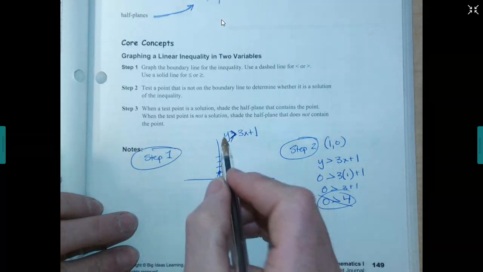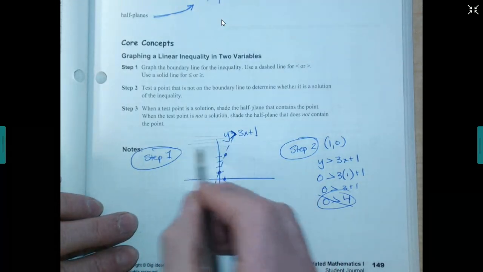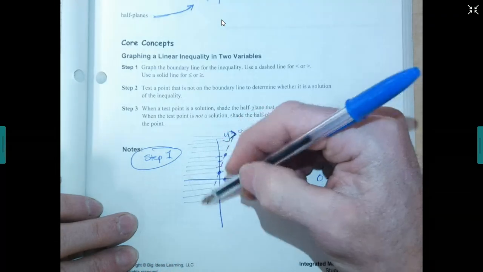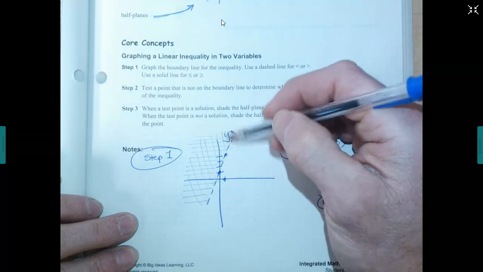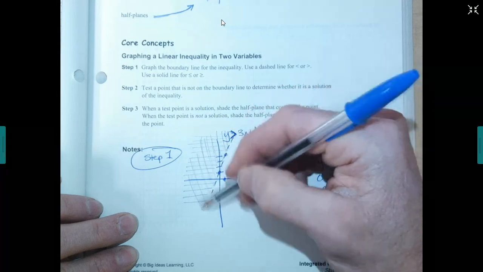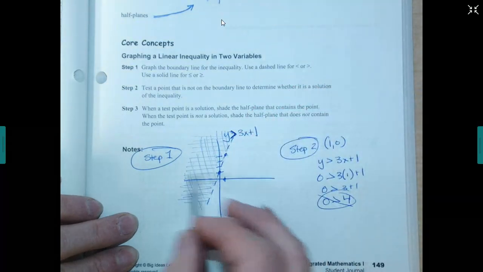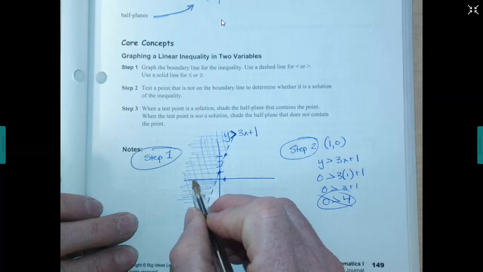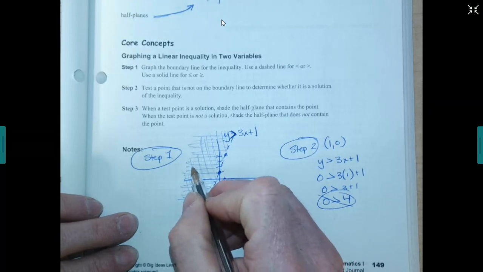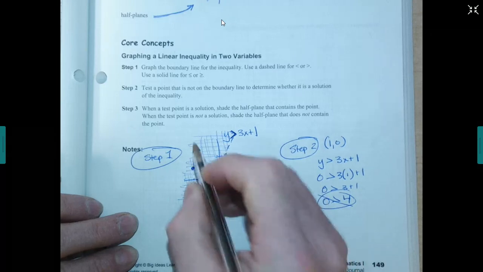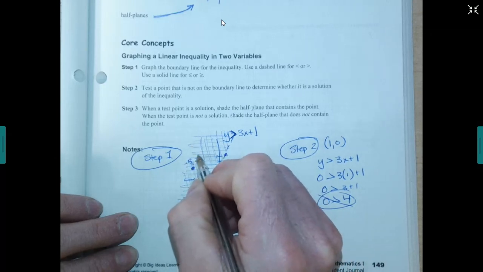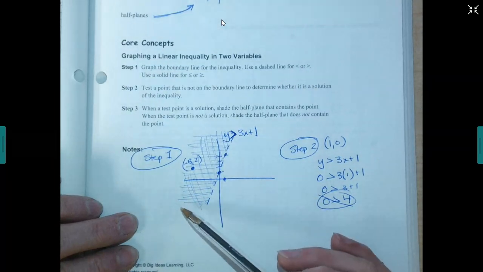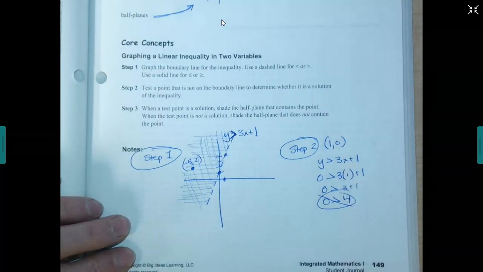Because it's not true, it means this is not a solution. So what that means is that everything on the other side of that boundary line is a solution. So everything over here. If I were to pick some point out here, let's say negative 5, 2, because it's in this solution set, it should solve this.